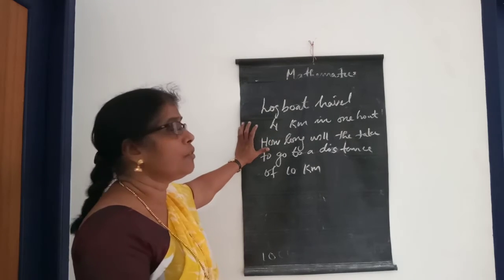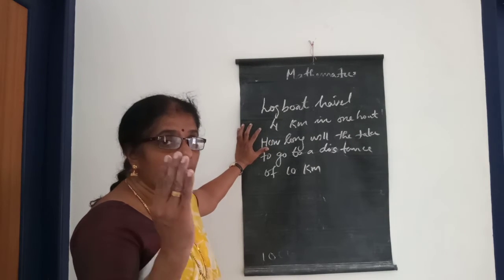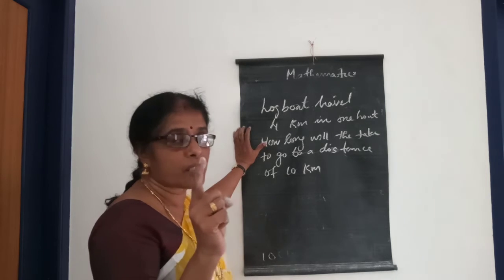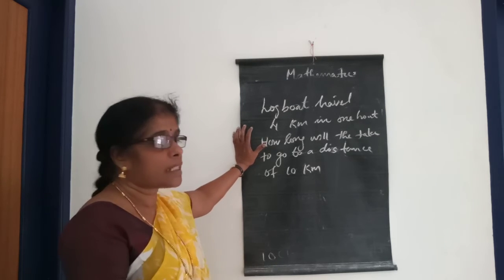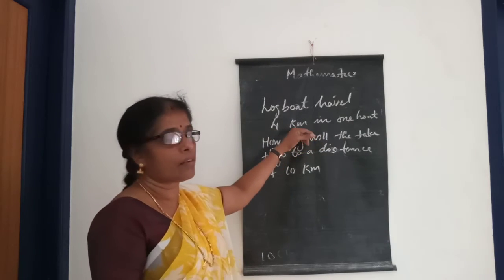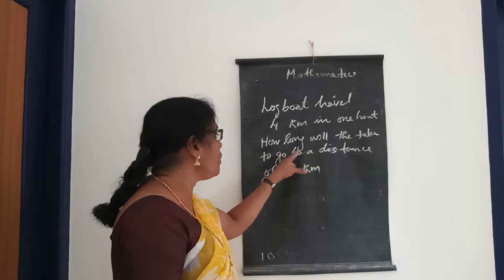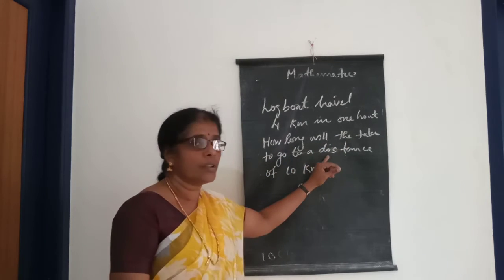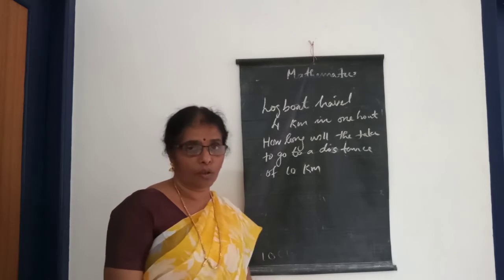The log boat travels 4 kilometers in 1 hour. 1 hour is equal to 60 minutes. In that 1 hour, it travels 4 kilometers. How long will the log boat take to go the distance of 10 kilometers?